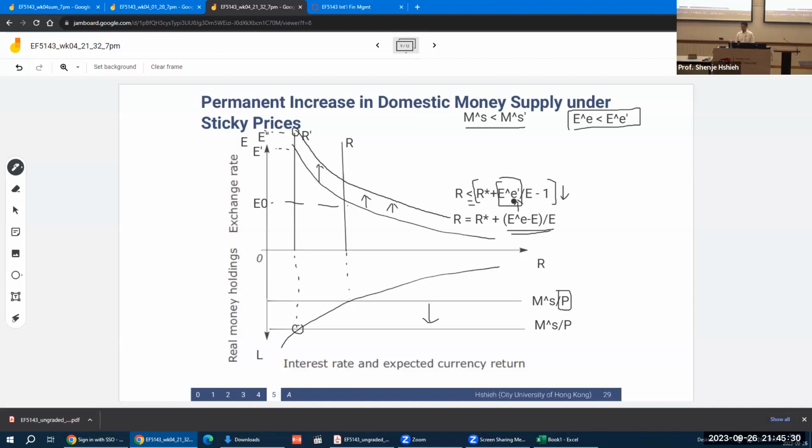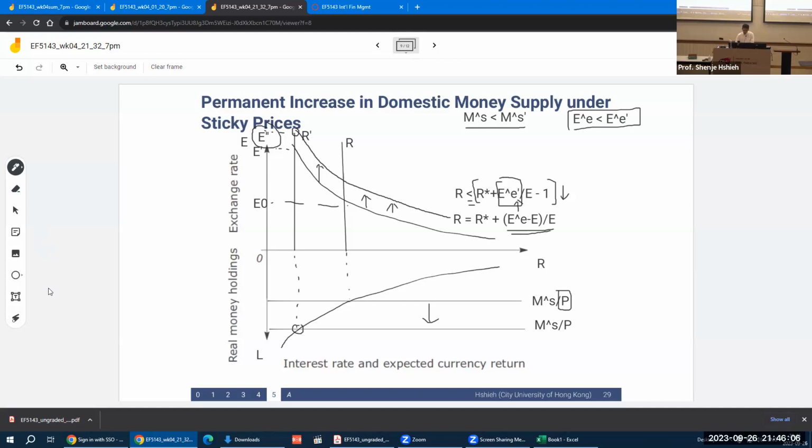So in effect, our entire UIP curve must shift upwards, and we get this exaggerated effect on the spot exchange rate. So the takeaway here is sticky prices, permanent monetary policy in the short term gives us an amplified impact on the spot exchange rate. Our currency can be devalued in greater magnitude when we have a permanent monetary policy action.